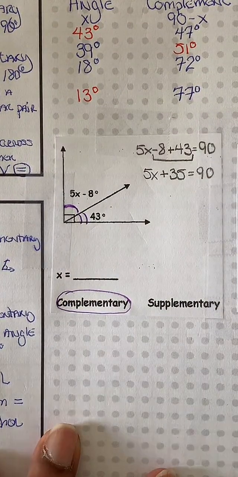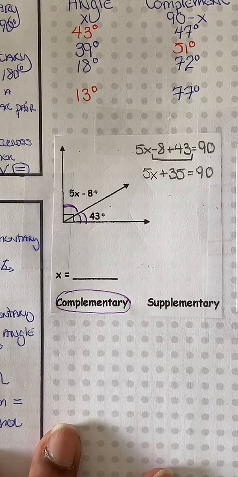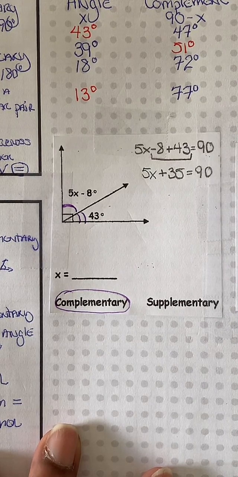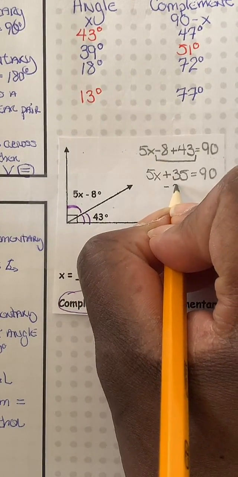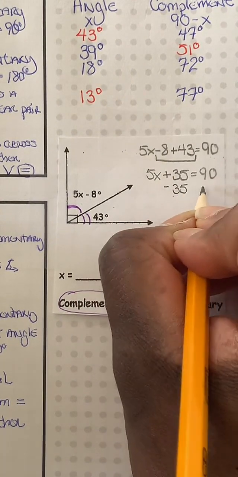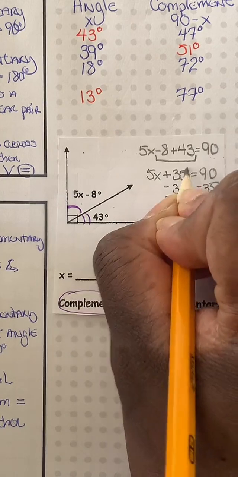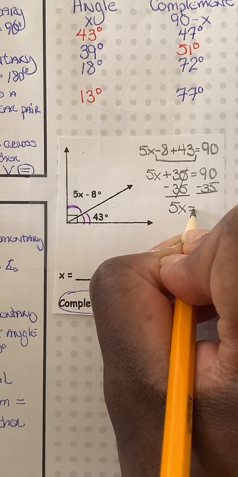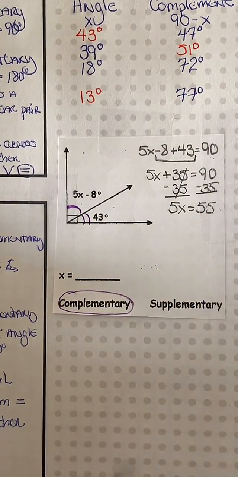All right. So some people are telling me it's 11. Let's see. Okay. So now I need to subtract 35 on both sides because I want to isolate my variable. So 90 minus 35 gives me 55. So I have 5x equals 55.